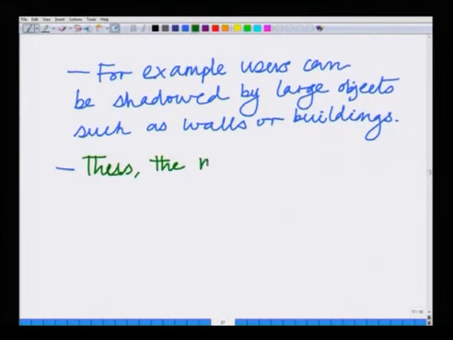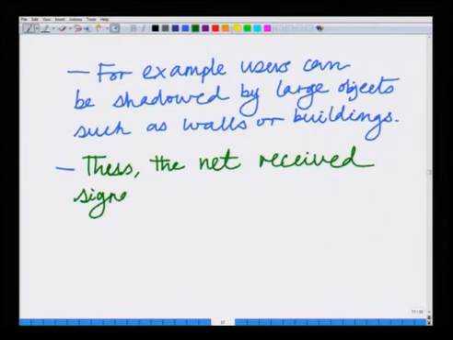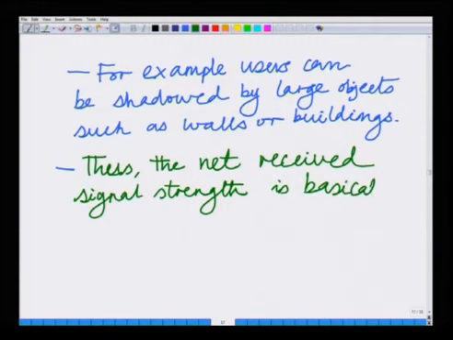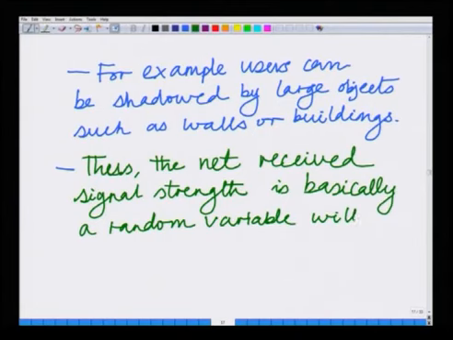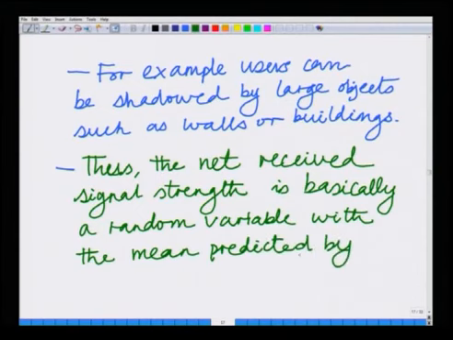Thus, the net received signal strength is basically a random variable with its mean predicted by the path loss.